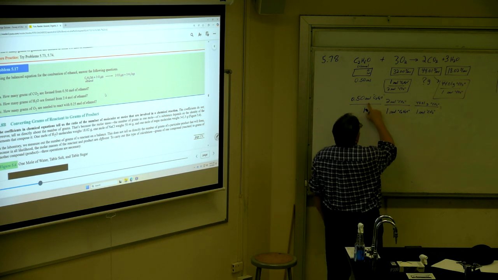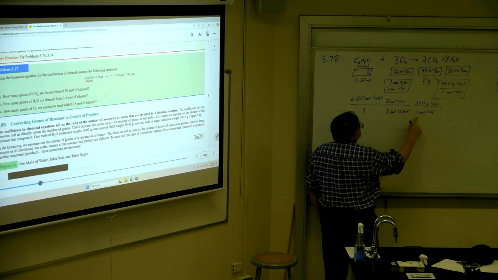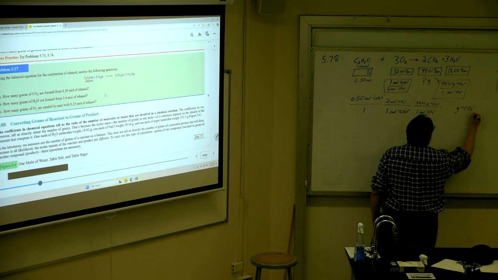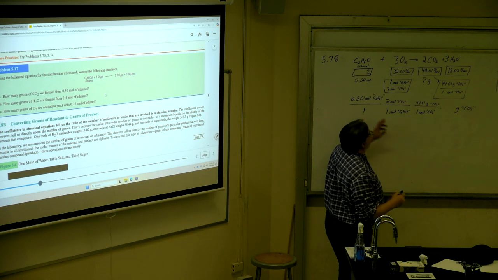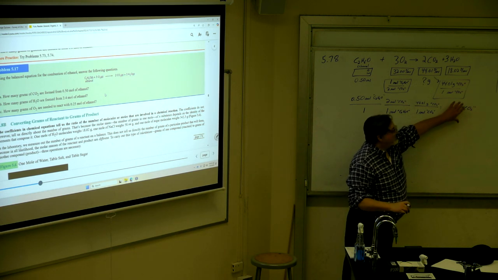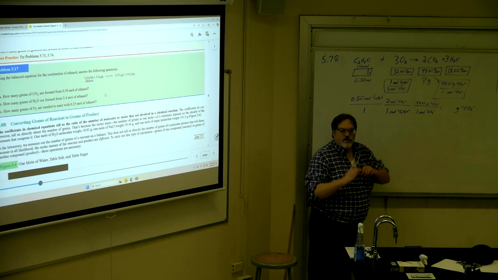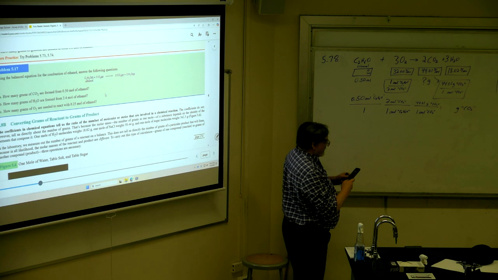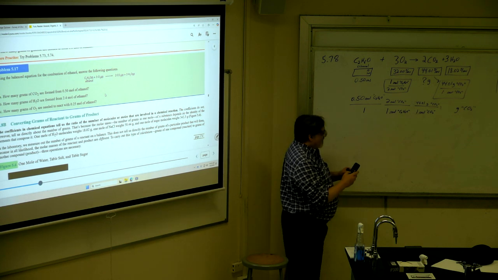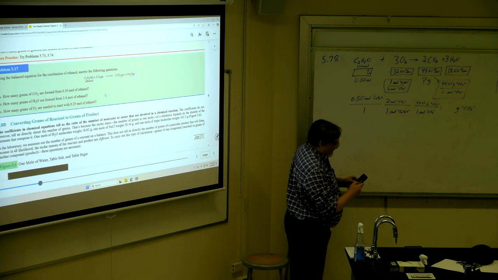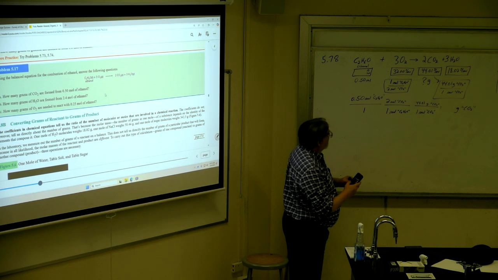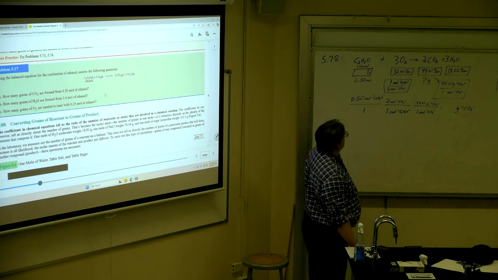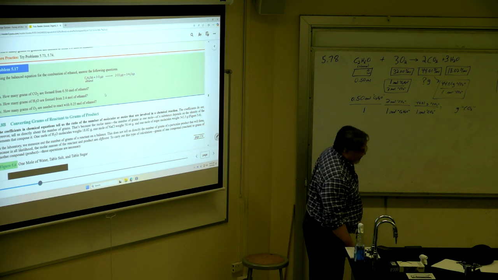Calculating grams, moles of ethanol, moles of CO2, moles of CO2. We end up in grams CO2. Calculate this, get a number here. What's the other word for this? Theoretical yield. Our theoretical yield of CO2, 0.5 times 2 times 44.01 divided by 1.